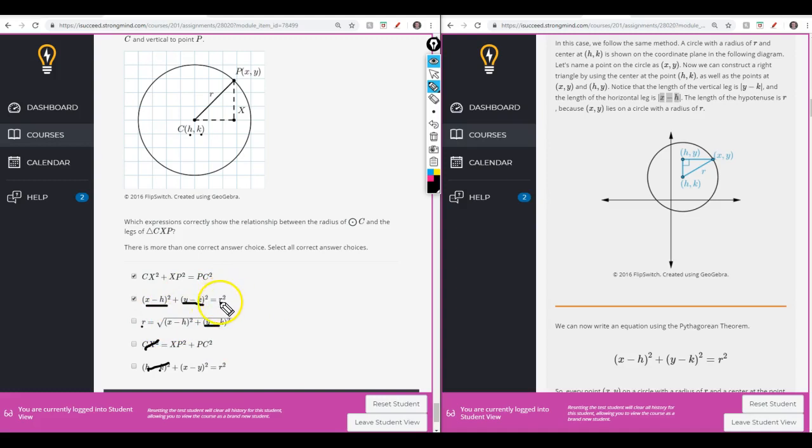And there is, because if you want to undo a square, you square root both sides. So then this would end up with the square root of x minus h squared plus y minus k squared, which is right here, and then the square root of r squared simplifies down to just be r. So that is also another representation of the radius.